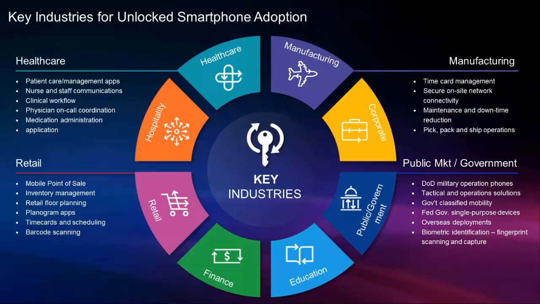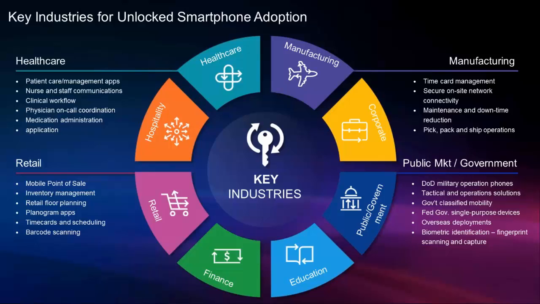So this is where we're seeing the growth opportunities, is that employees that previously had not been issued a smartphone in the past for their job now can take advantage of that with more cost-effective unlocked versions of these phones in order to help them do their job.